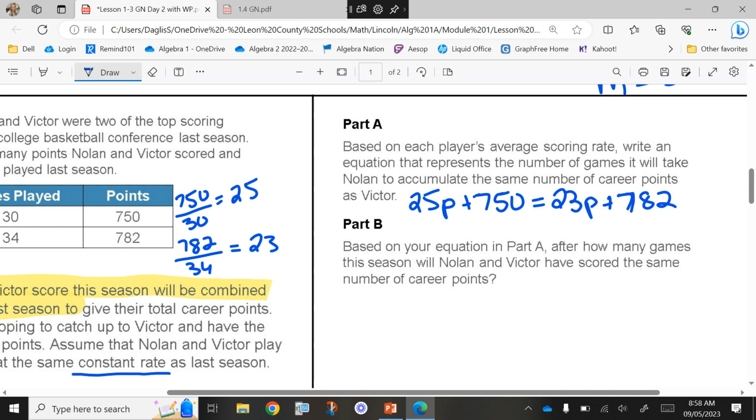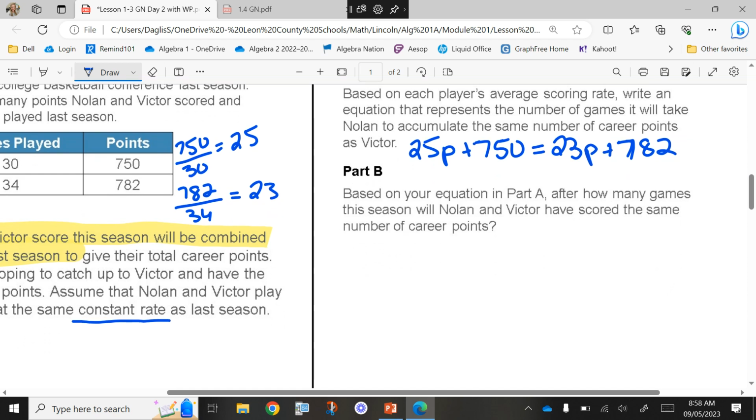All right. So let's solve for P. Let's solve for how many games it's going to take for them to match up with each other. You ready? Okay. Here we go. I'm going to rewrite the problem. 25p plus 750 equals 23p plus 782.